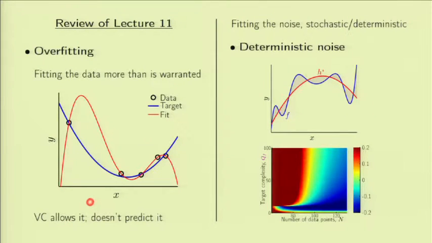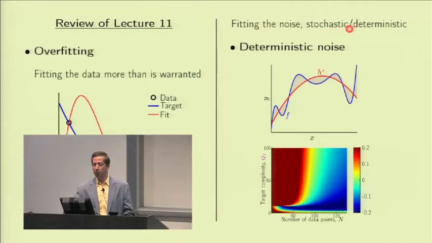So now we are zooming into the details of the theory and trying to characterize a situation that happens very often in practice, where the noise in the target function results in overfitting, and we can do something about it. That's why we are actually studying it, because there will be ways to cure that disease, if you will. And then we characterize that the source of overfitting is fitting the noise.